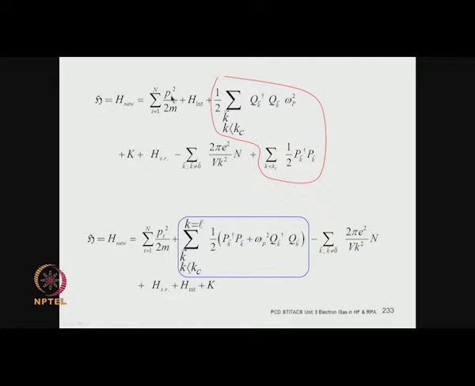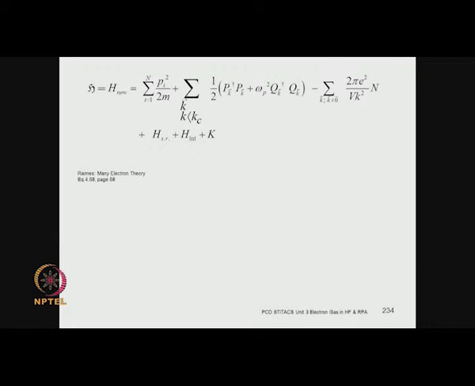Then you have this term, which is here. You have the interaction Hamiltonian, which is here. You have got a short range term, which is here, and you have got k, which is here, and you also have this minus of 2 pi e square V k square n, which is here. So, everything is there, the whole expression is exact.